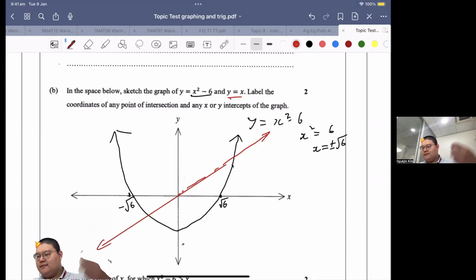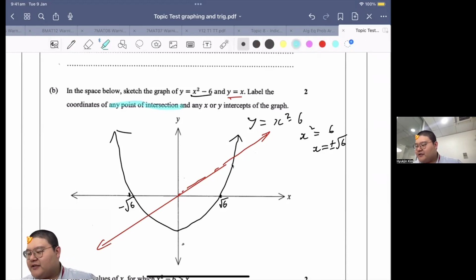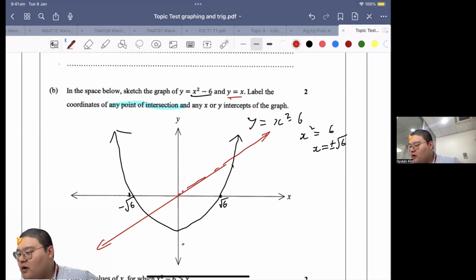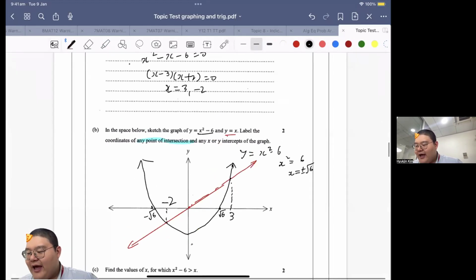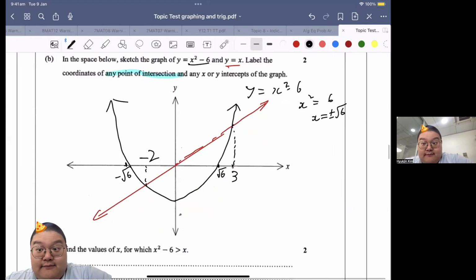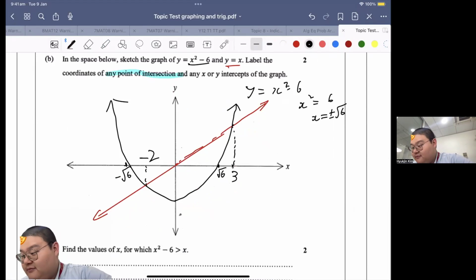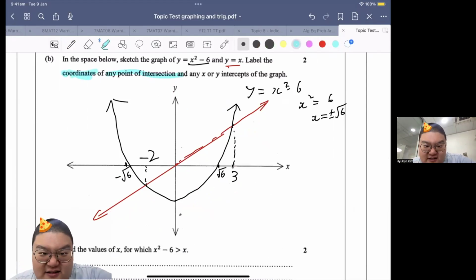Something like that. And now, what do I notice? The question also says points of intersection. That means I need to put in x equals 3 and negative 2, just like I had here. Are we happy with this answer? Is this perfect? Well, you're wrong. It says coordinates.